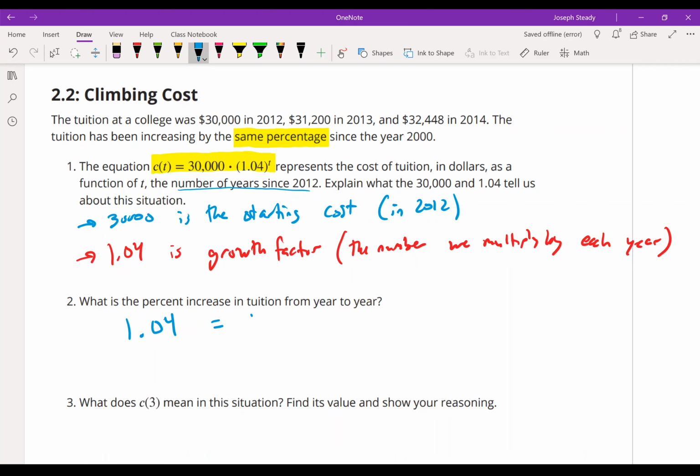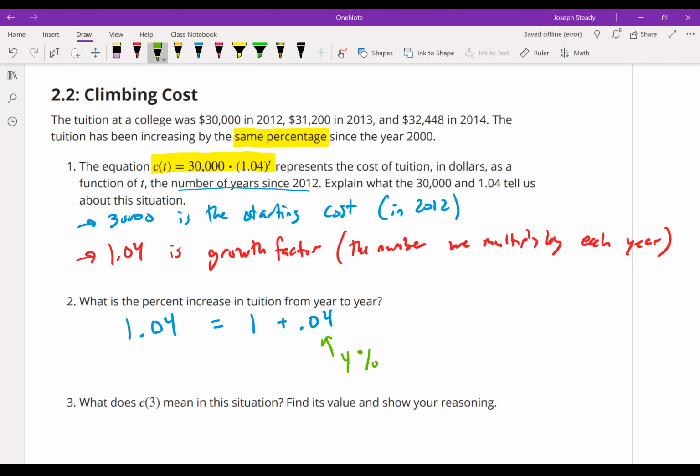I'm going to rewrite this as 1 plus 0.04. Remember, 1 multiplied by 1 doesn't change a number at all. So the extra part here, the rate of change that we're dealing with, is the 0.04, and we can write that as a percentage as 4%.